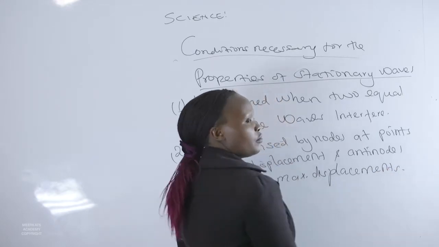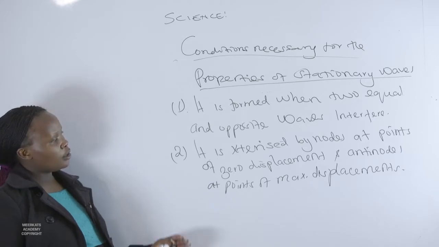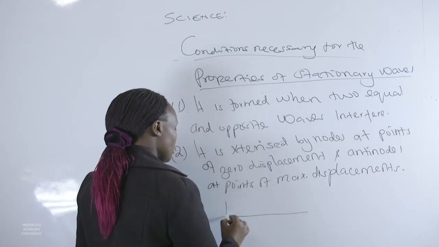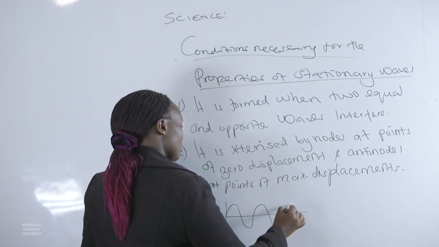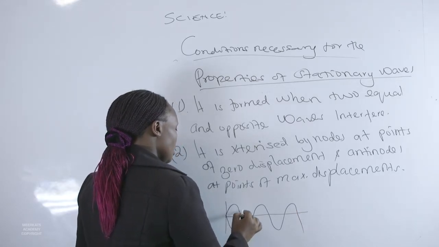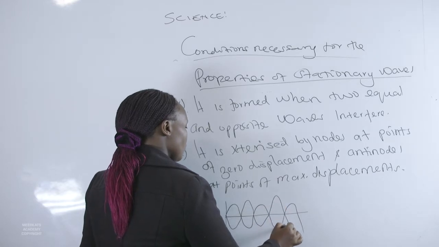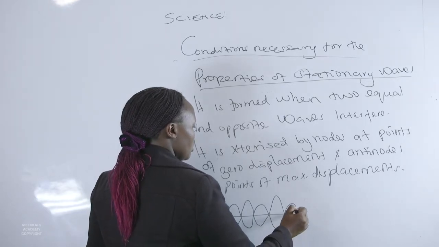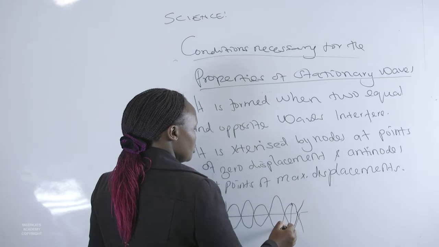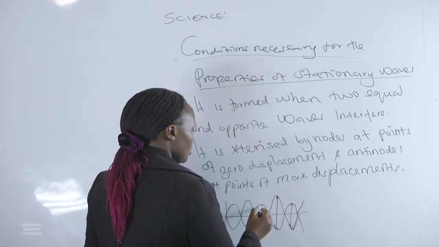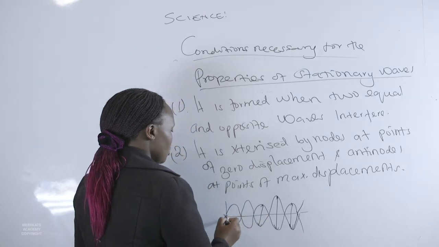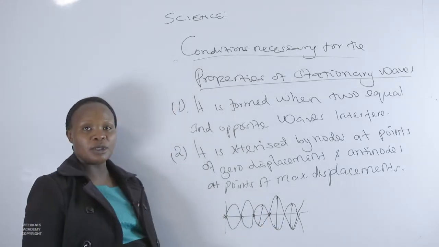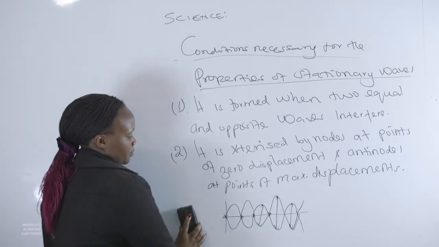We have already seen that when the two waves interfere, we form a series of nodes and antinodes, where the antinodes are at points of maximum amplitude and the nodes are at points of zero displacement. That is what we mean by that.